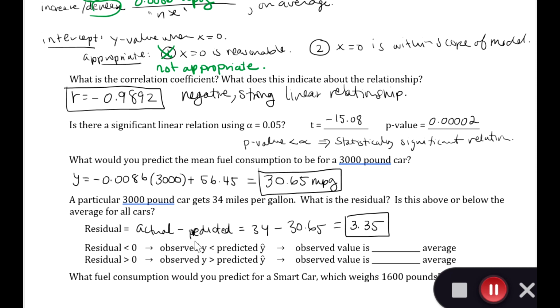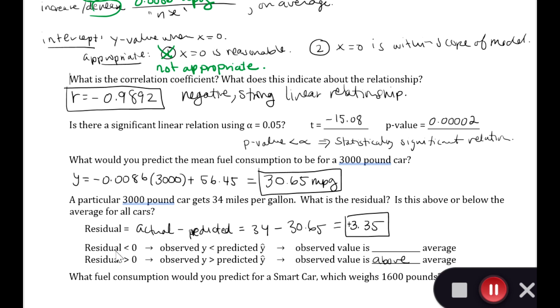Okay, so our residual here is positive, and that means that my observed was greater than my predicted. So my observed was 34 miles per gallon, and my predicted was about 31 miles per gallon, and therefore the observed value is greater than average, above average.